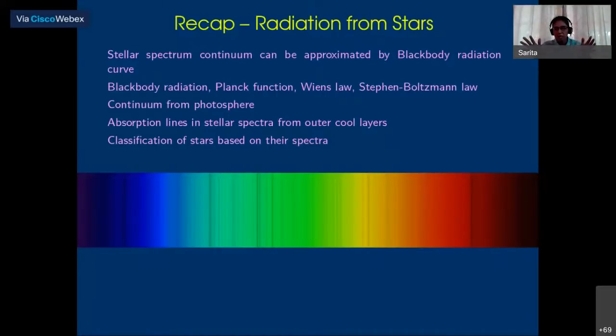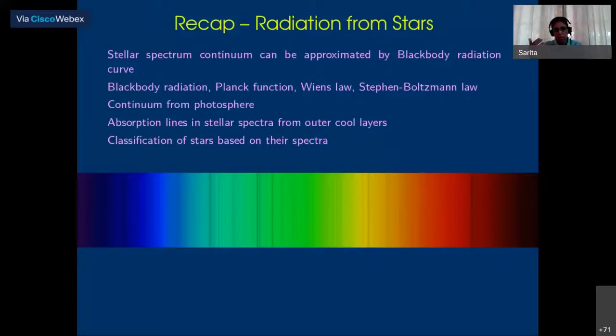The density is there, and beyond some point the density decreases drastically. Where the density decreases to very low values, the gas there is very cool, and that leads to the absorption lines.